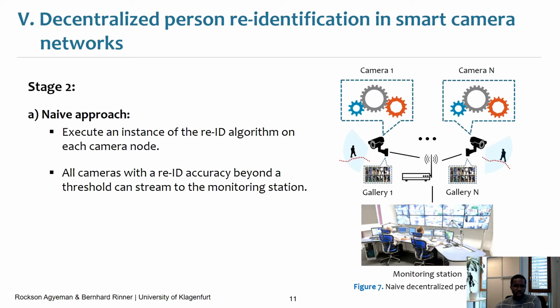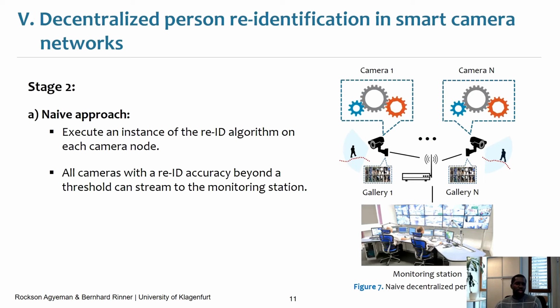In stage 2, we focus on deploying the re-identification algorithm on camera nodes instead of using a dedicated high computing server. A naive approach is to execute an instance of the re-identification algorithm on each camera node, and all the cameras with a re-identification accuracy beyond a threshold can stream video to the monitoring station.